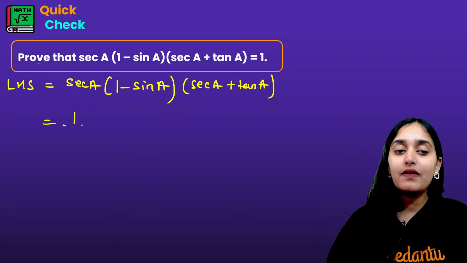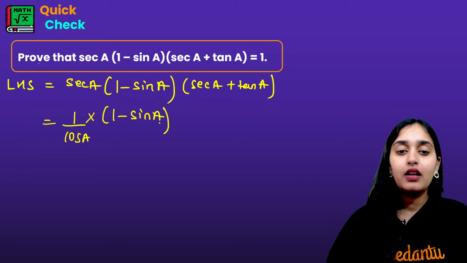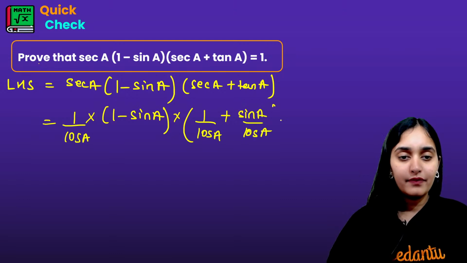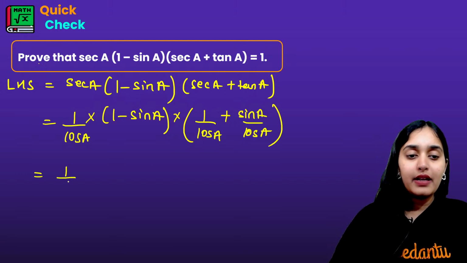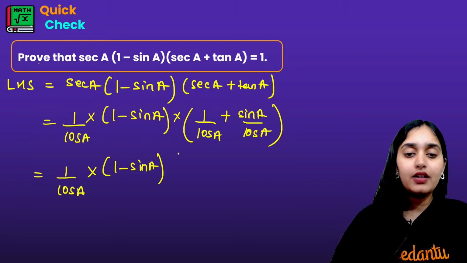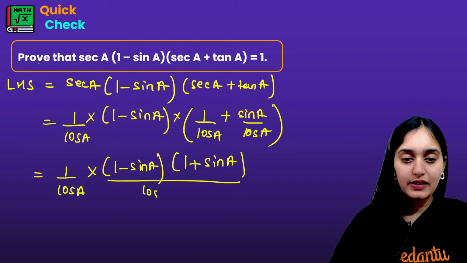Sec A is 1 upon cos A into 1 minus sin A into 1 upon cos A plus sin A upon cos A. Fine. 1 upon cos A into 1 minus sin A into 1 plus sin A whole upon cos A.